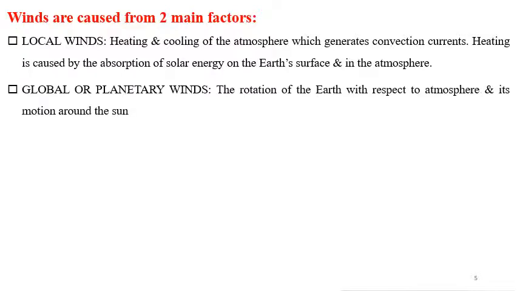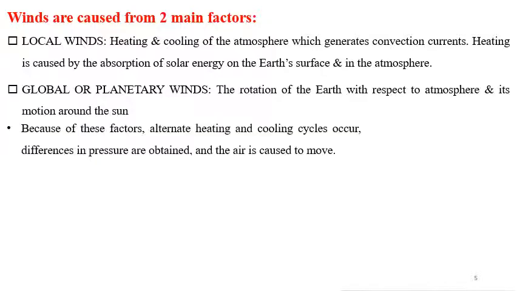Next is global or planetary winds, which are caused by the daily rotation of the earth around its polar axis, and unequal temperature between polar regions and equatorial regions. The rotation of the earth with respect to the atmosphere and its motion around the sun are the main causes.